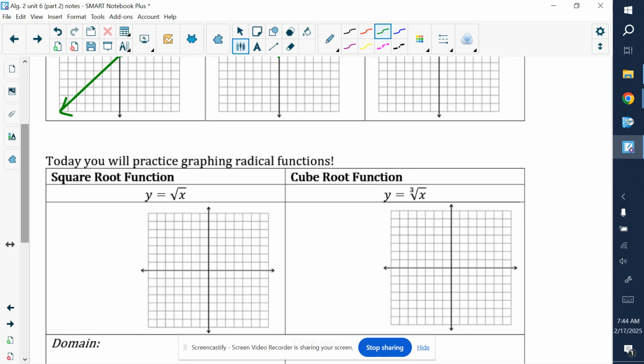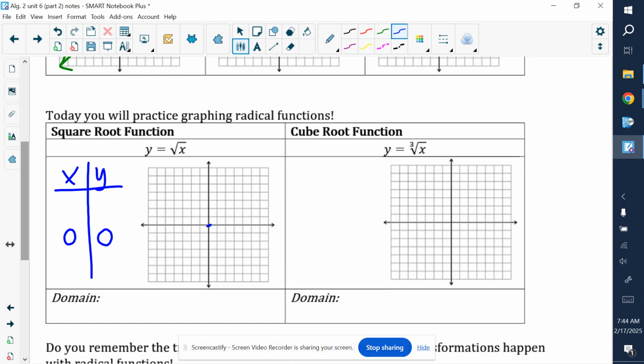Okay, if we were to make a table for the square root function, I'm going to put 0 in the middle. What is the square root of 0? Well, it's 0. Okay, so I'm going to plot that point. Well, x values go with my domain.